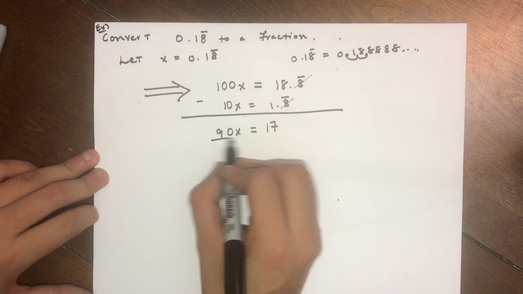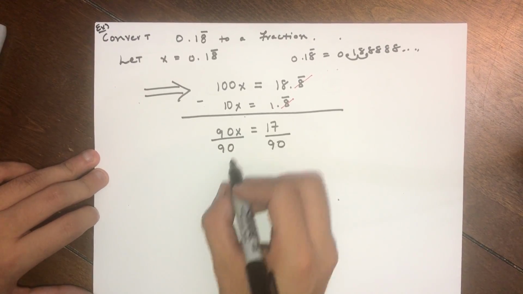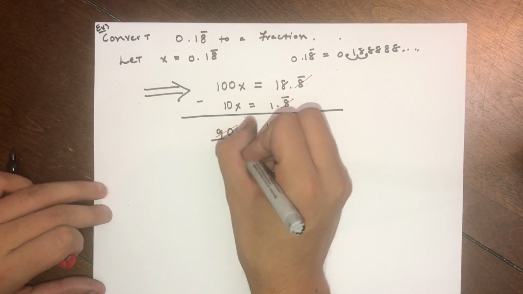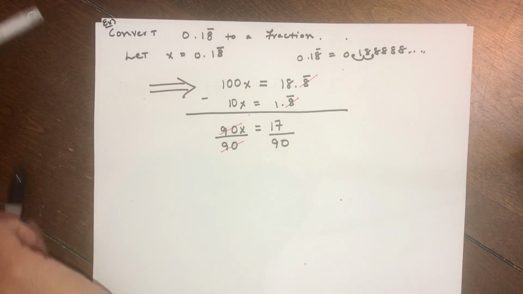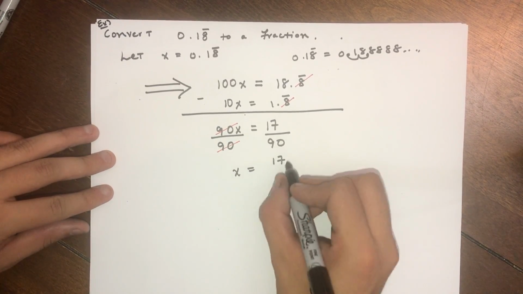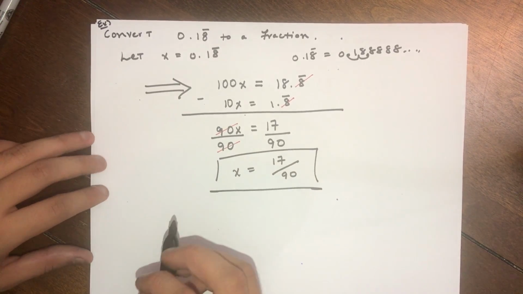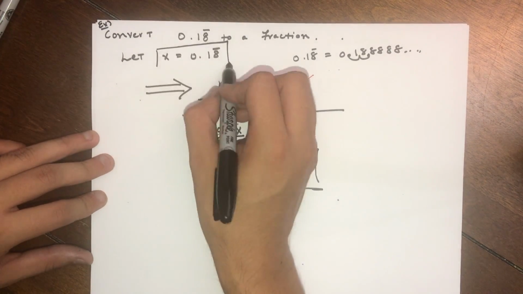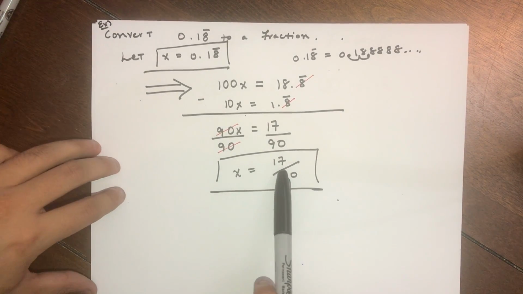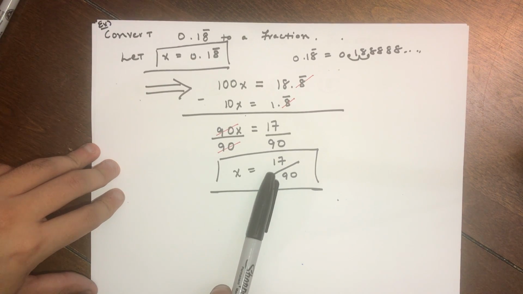And we can divide both sides by 90. Once we do that, we can see that these 90s will cancel to equal 1, not 0, and we get x equals 17 over 90. A key little note about simplifying this one: we don't need to simplify it because 17 is a prime number and nothing goes into 17.